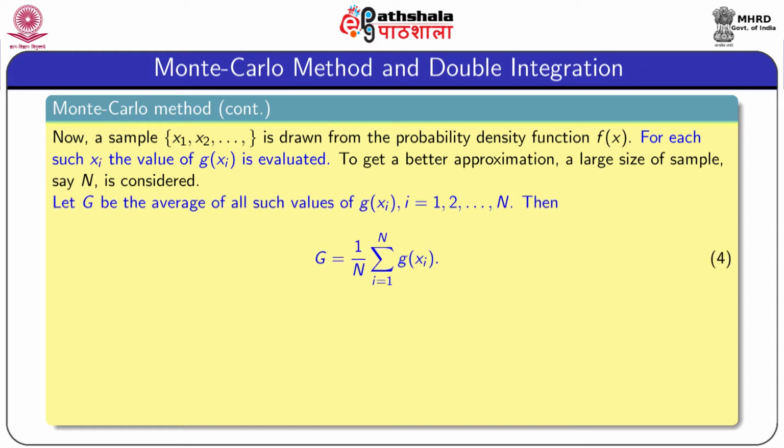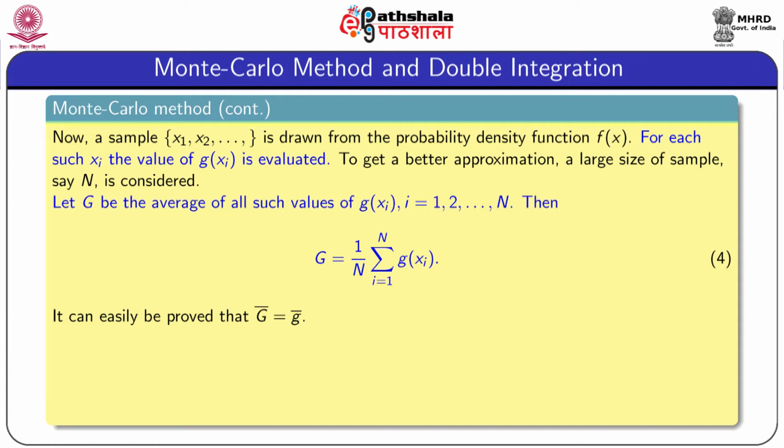Let capital G be the average of all such values of g(xi), where i equals 1 to N. That means g(xi) is calculated for each sample value and then we calculate the average of such values, and this is denoted by capital G. That means equation 4 is obtained as capital G equal to 1 by N times the summation from i equal to 1 to N of g(xi).